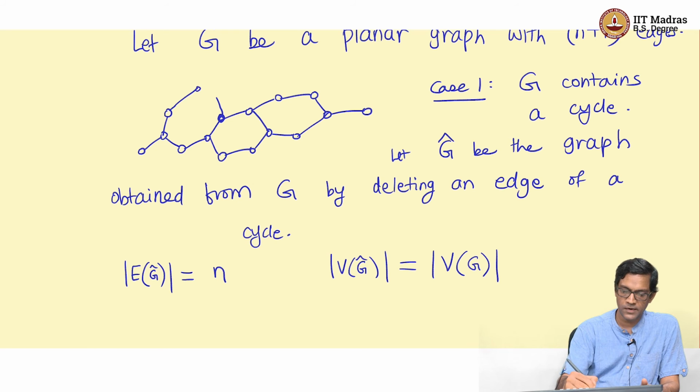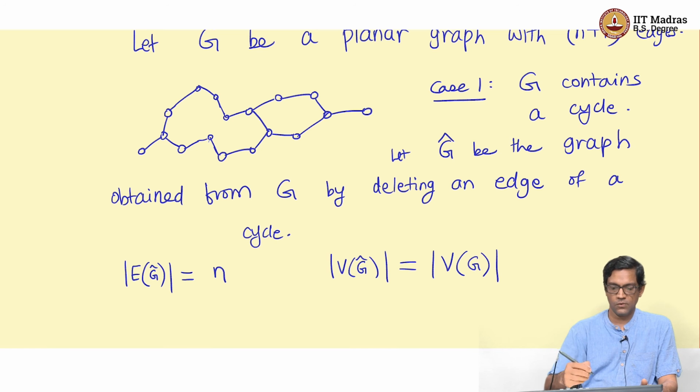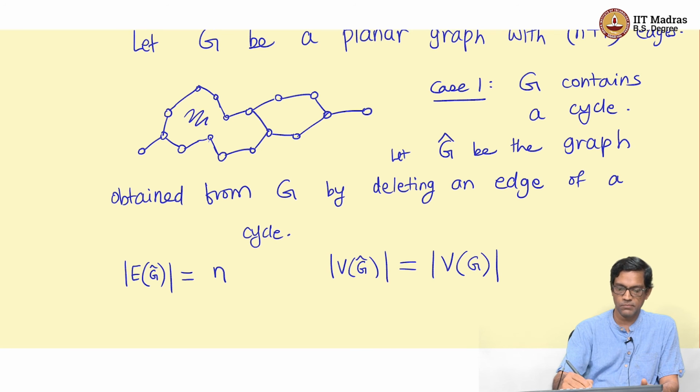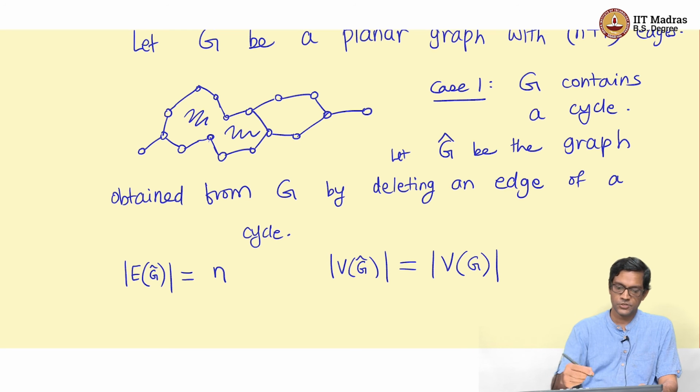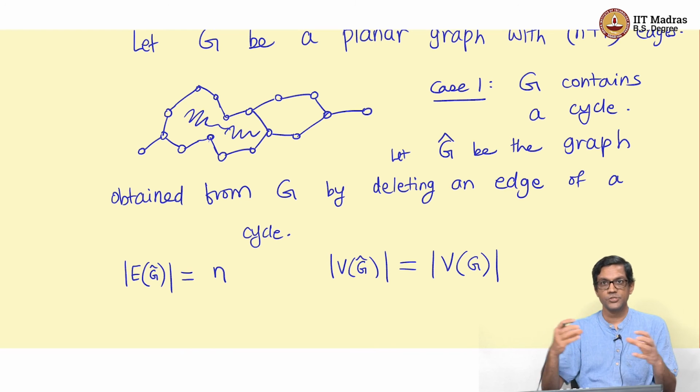It could also happen that instead of this edge, I deleted this edge in the middle. So imagine that I had deleted that edge. Now all that will happen is that this original region merges with the closed region which is adjacent to it. So removing an edge essentially ends up merging two regions.